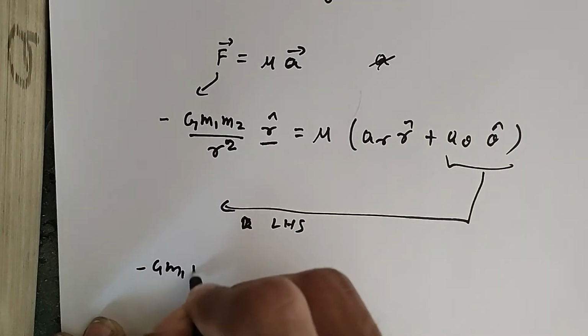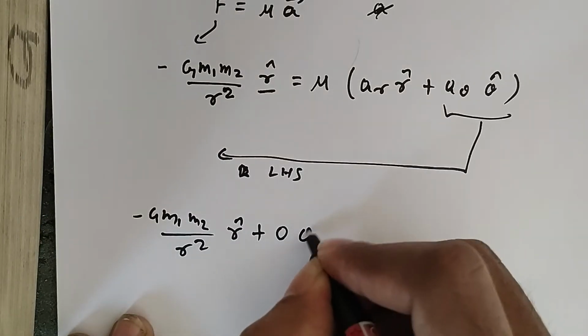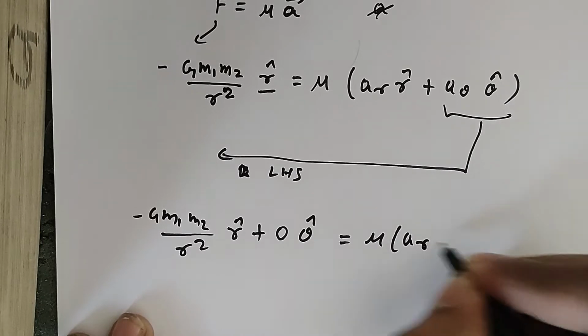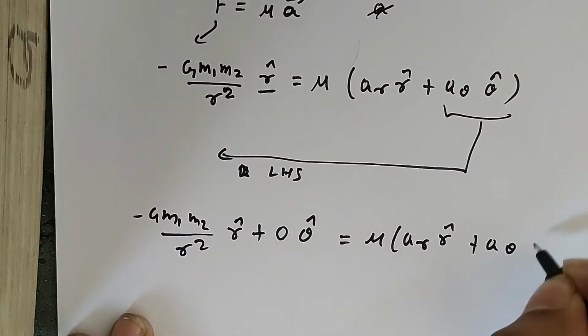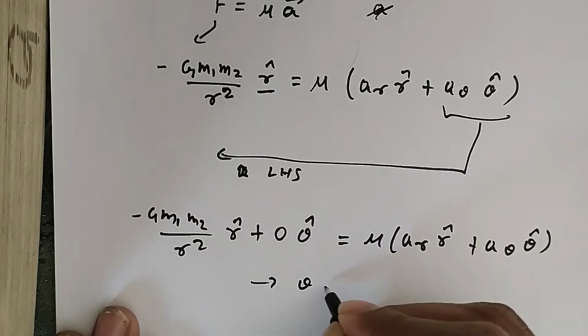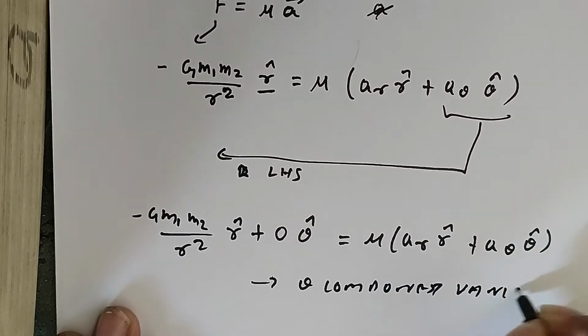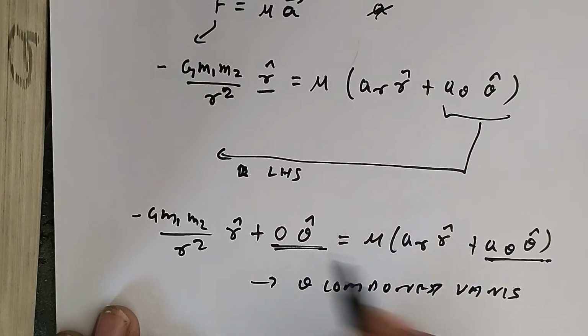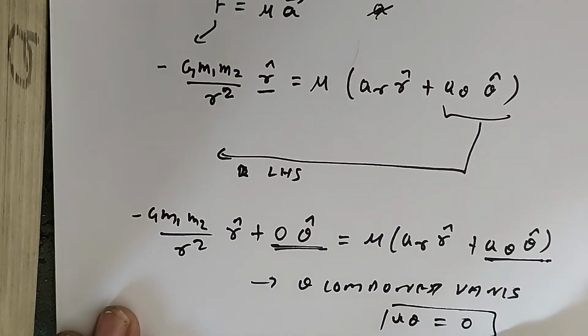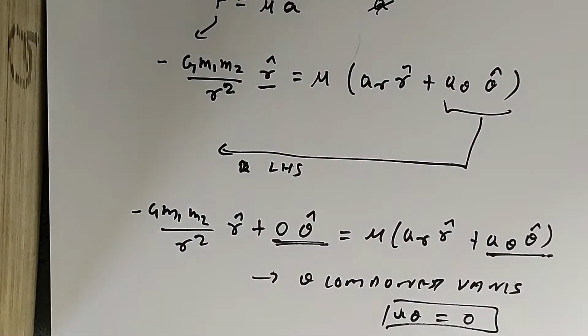Basically, I can write it as 0 theta cap equal to mu times a_r r cap plus a_theta theta cap. If I equate my theta component, it vanishes. I get a_theta is equal to 0, right? That means there is no acceleration along the theta cap direction when we consider plane polar coordinates in central force motion.